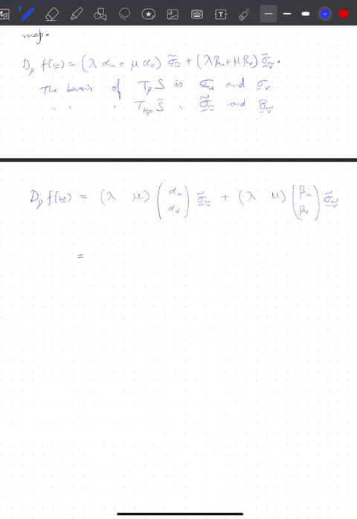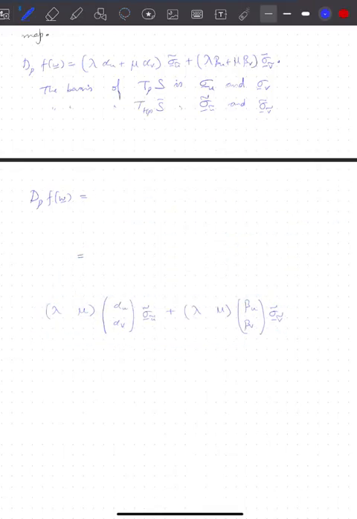Since we are mapping from TpS to T_f(p) S tilde, we could reformulate this in terms of some input argument, right? So the right hand side, we want to have as some sort of an input.